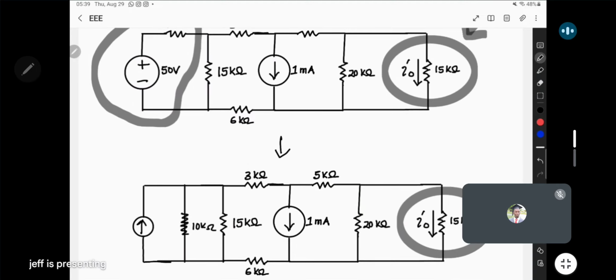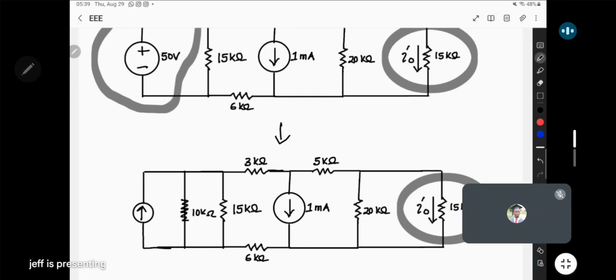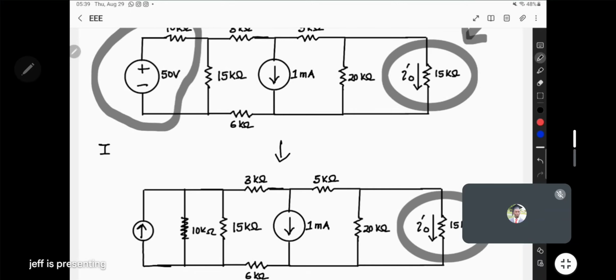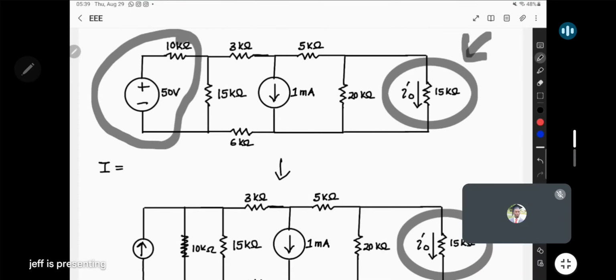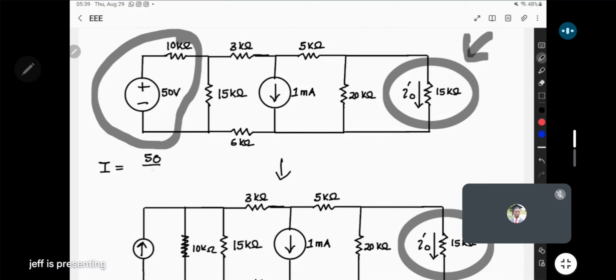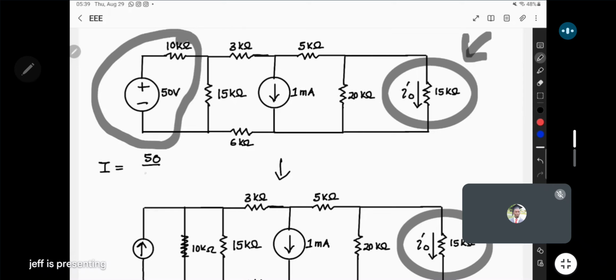But what will be the current? The current value will be, remember, Ohm's law, voltage 50 over the resistance. But don't forget the resistance comes with a kilo. So this is going to be 10,000 ohms. This will go with that. This becomes 5 divided by 1000.